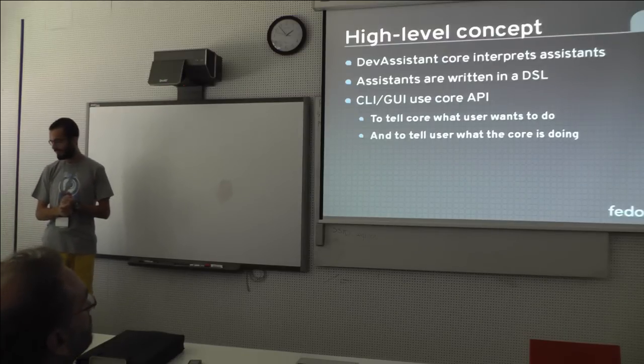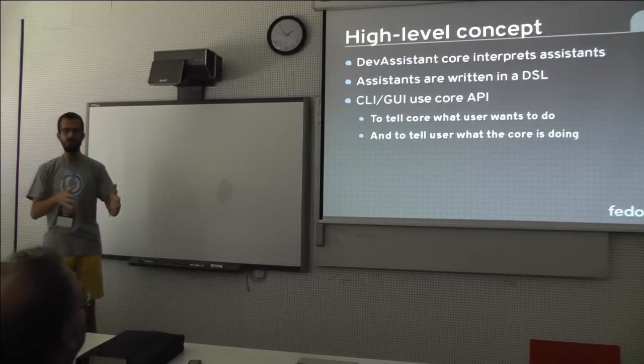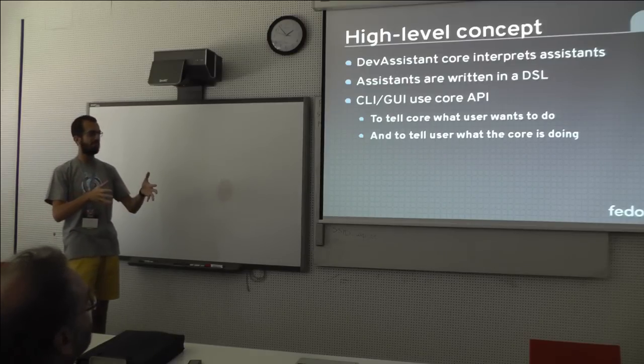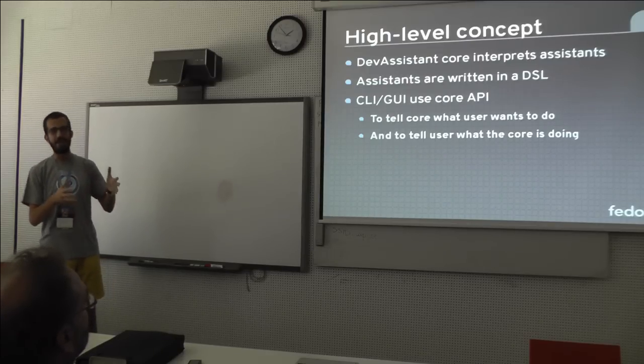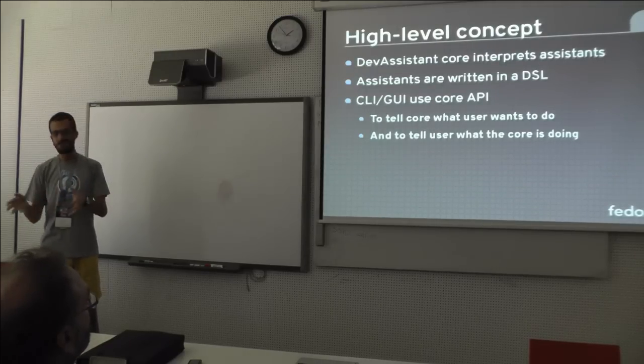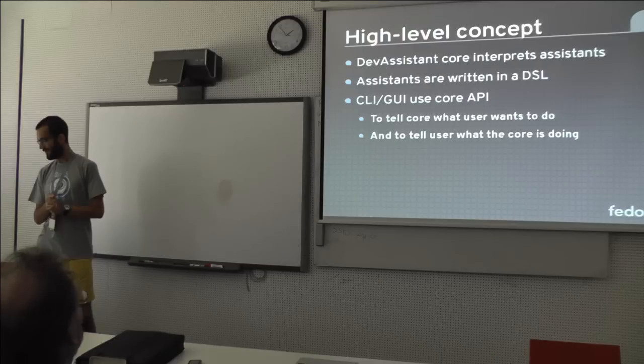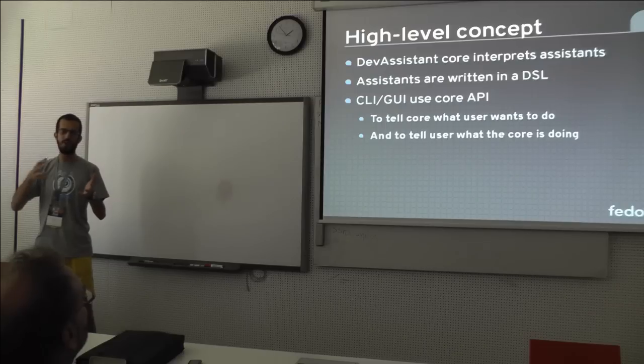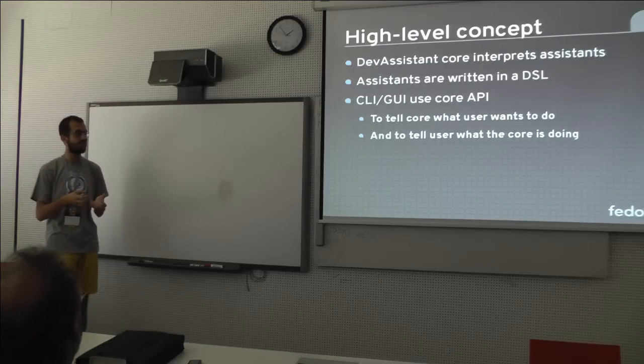So, we have DevAssistant core, which is basically a set of APIs, so to speak. And DevAssistant core interprets assistants. The assistants are what we call our plugins for DevAssistant.